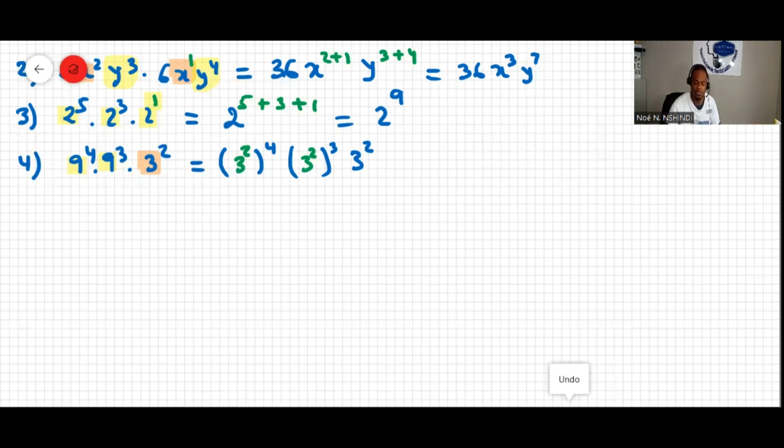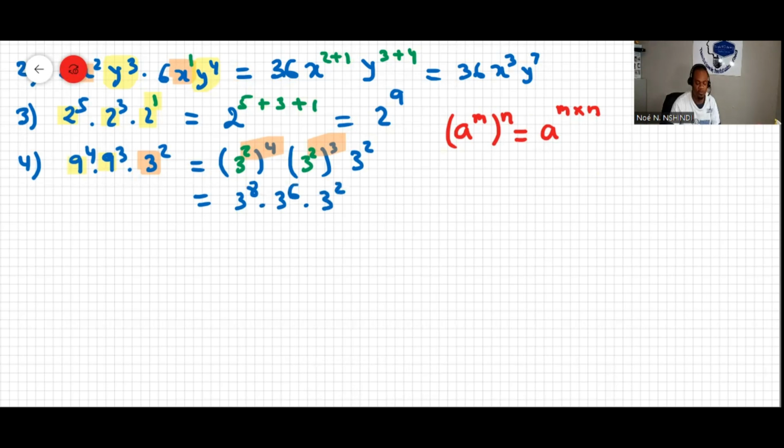The law of exponents, one of the laws we learned says a to the power of m raised to the power of n is equal to a to the power of m multiplied by n. So in this case, this is the law we're going to apply, and this will be 3 to the power of 8 multiplied by 3 to the power of 6 multiplied by 3 to the power of 2.